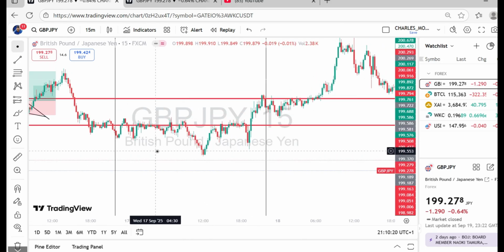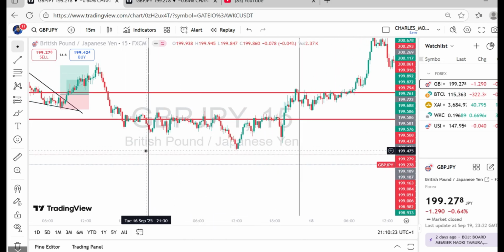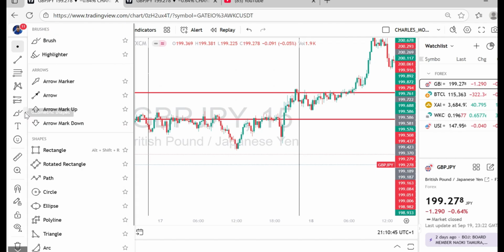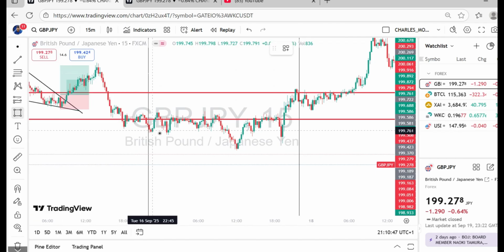So let us see for this Wednesday. Okay, like I said earlier, always wait at least for the 8 a.m. candle to see what the market is trying to show to us. This was our 8 a.m. candle. If you see, the market was already in a ranging pattern here, but that will not stop us from taking a trade from here.